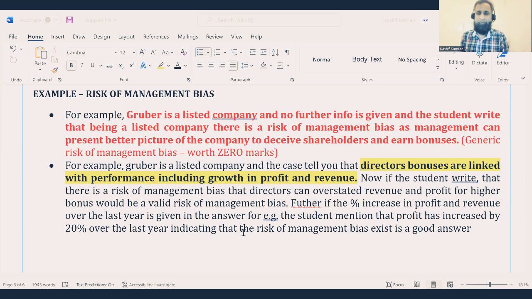I hope you're clear with this. So never write a generic risk of management bias. A lot of students have a very bad habit of that. Examiners don't like it. But if you have anything specific like Martin is to sell shares or directors' bonuses are linked with performance, then you can work on it and write a wonderful answer. Is that clear to all of you?